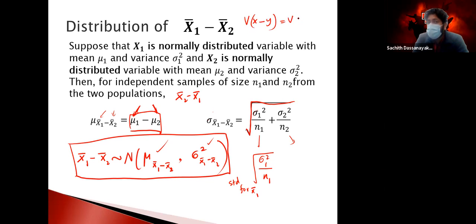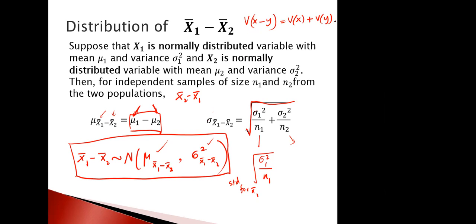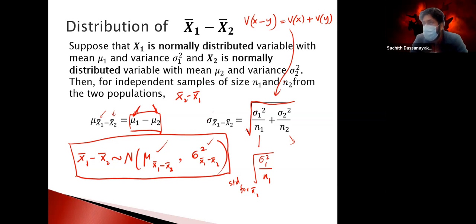Do you remember where if x and y are independent, we can write this like this? That's the reason we have something like this. If x and y are independent, variance of x minus y equals variance of x plus variance of y.